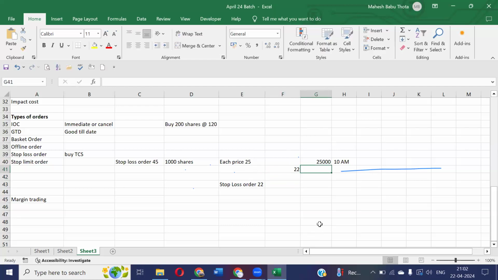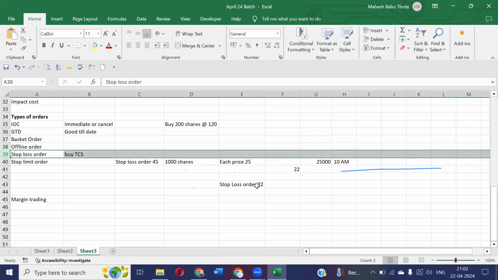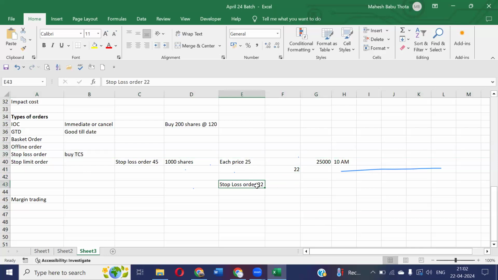Executed. Stop loss means once it reaches the trigger point, the trigger point is 22. Now the selling position is triggered. 22 rupees is triggered. Now the securities are ready to sell. At what price? Whatever the next price.